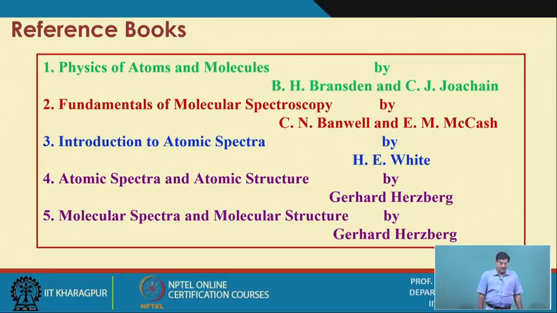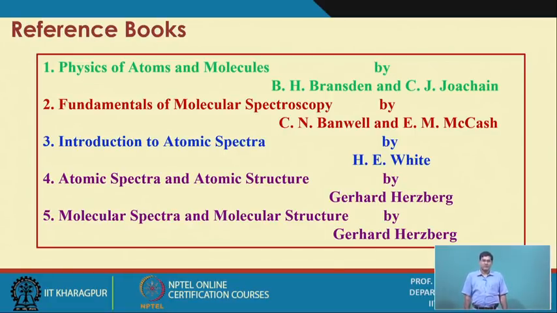For this course I have given references of 5 books. The first one is Physics of Atoms and Molecules by Bransden and Joachain. Next one, Fundamentals of Molecular Spectroscopy by Banwell and McCash.